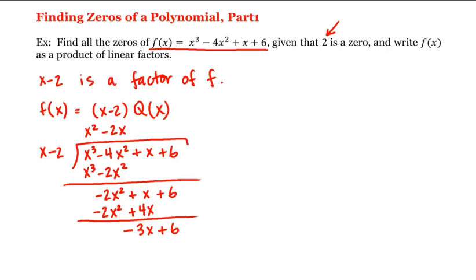And x goes into negative 3x, negative 3 times, and negative 3 times x minus 2 is negative 3x plus 6. And subtracting, we get 0, which shouldn't surprise you because x minus 2 is a factor of f. Therefore, this is the quotient q of x.